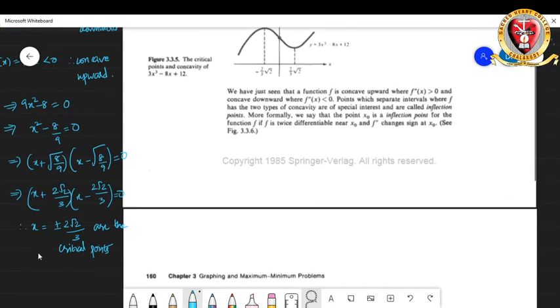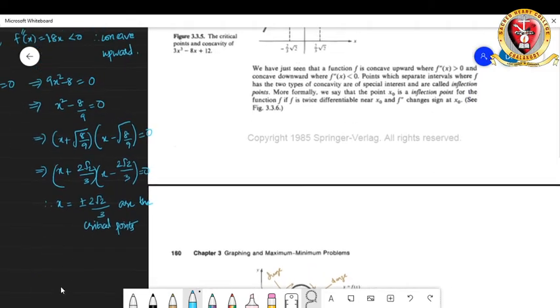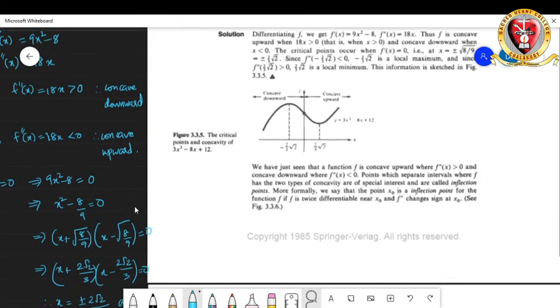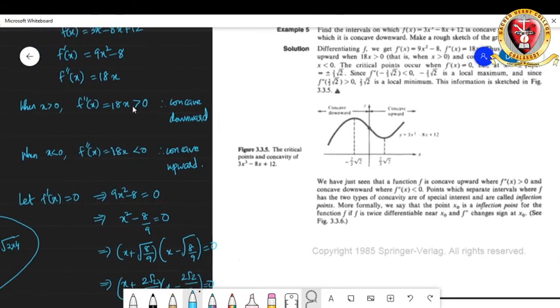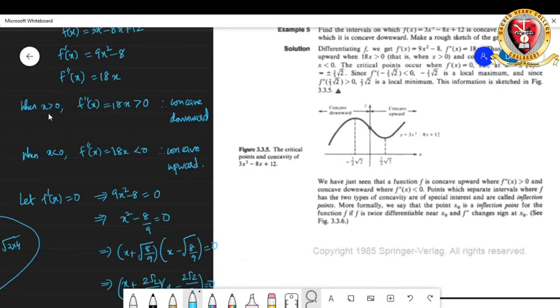That's what you got at the first. See, for the positive values, the function will be concave downward, and for negative values, the function will be concave upward. For this point, definitely the function will be concave upward.